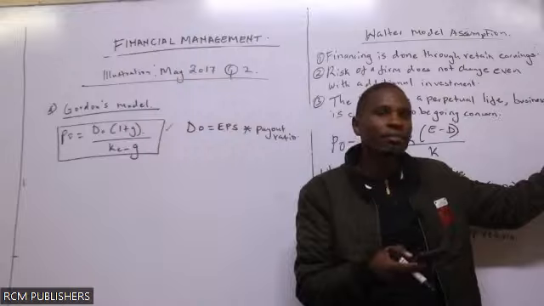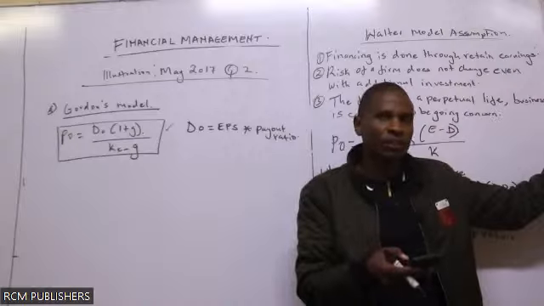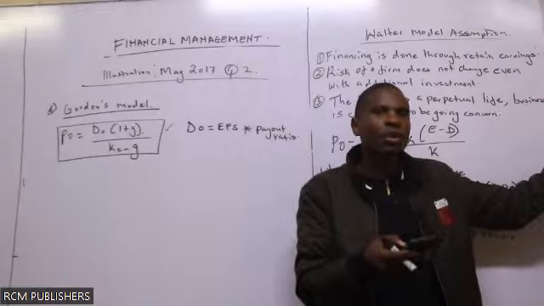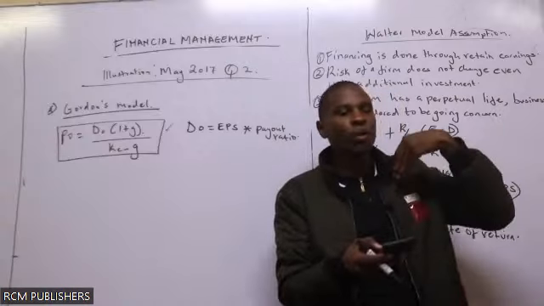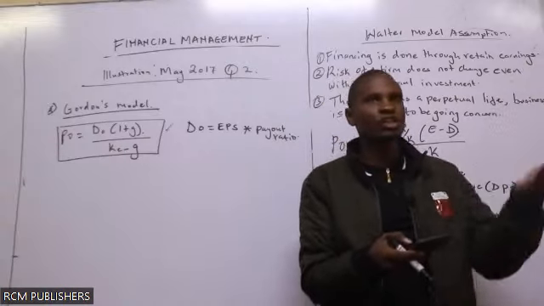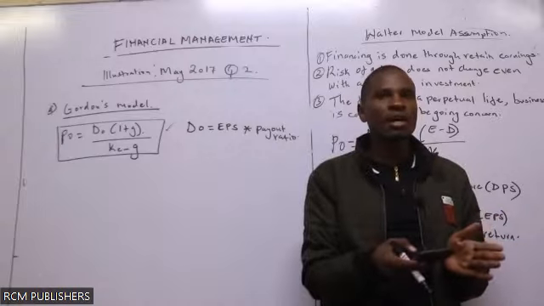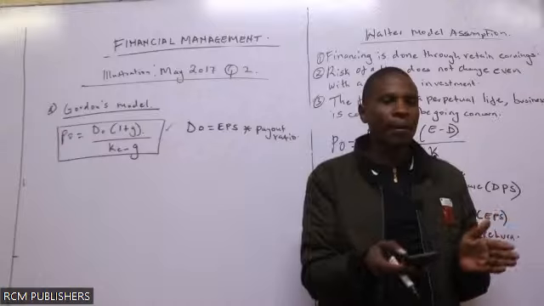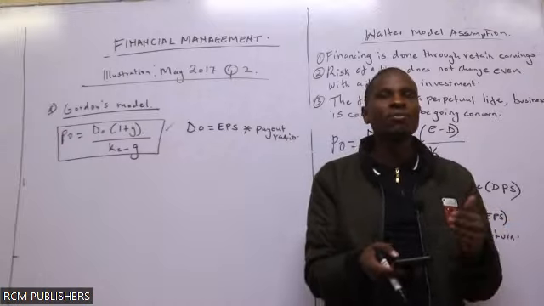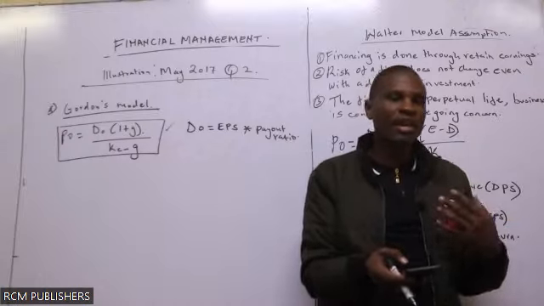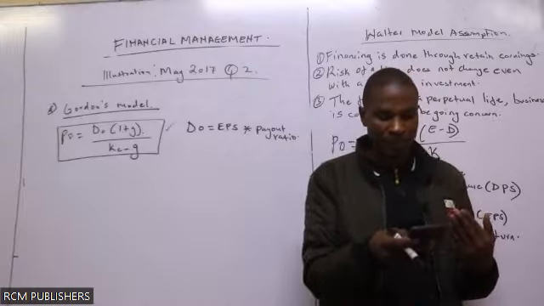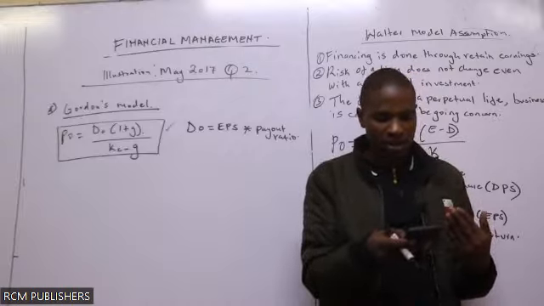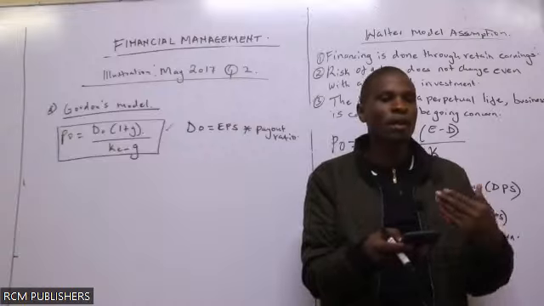Remember, if the examiner has given you the retention ratio, it is easier for you to know what the payout ratio was. This is determined by the policy of the company you are dealing with. If the retention ratio is 40%, what will be our payout ratio?